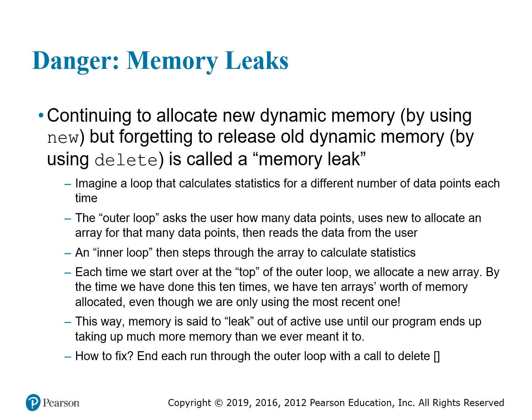Imagine a loop that calculates statistics for a number of data points each time. The outer loop asks the user how many data points, and uses new to allocate an array for that many data points.